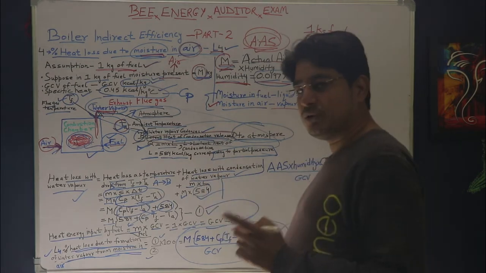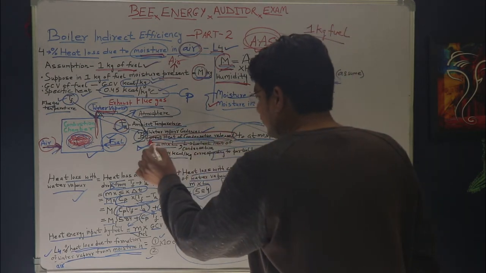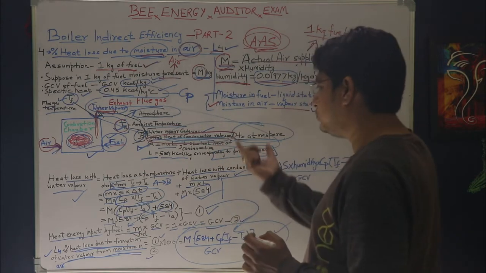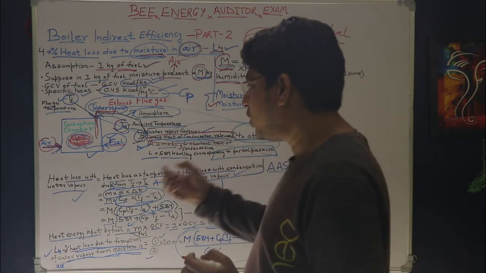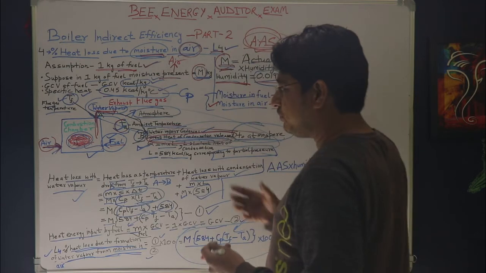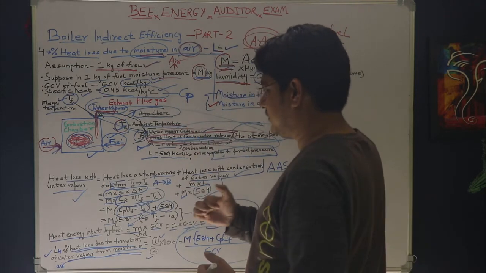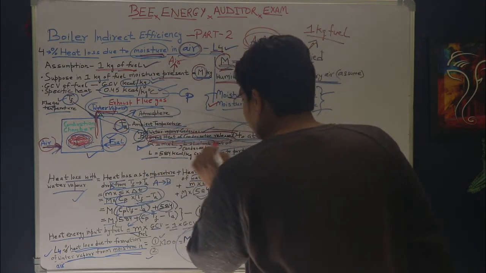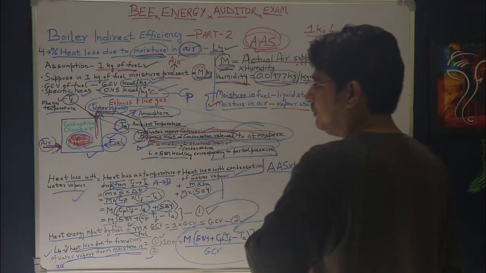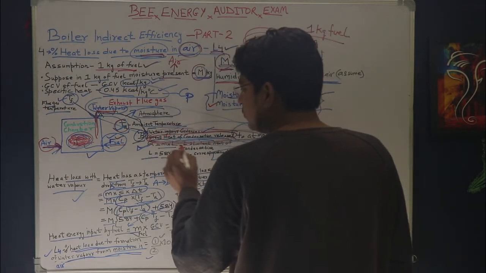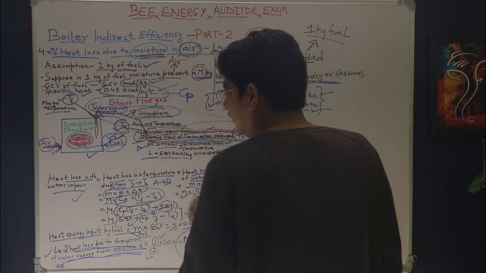One thing you must take note of here is that this latent heat of condensation that is released to the atmosphere has not been absorbed from the fuel. So in the calculation of my losses, I will not be taking this into my picture, because this much heat energy is not linked with the energy of the fuel.